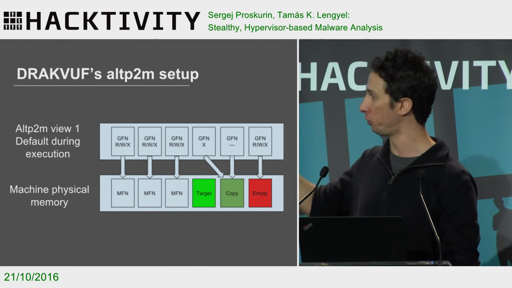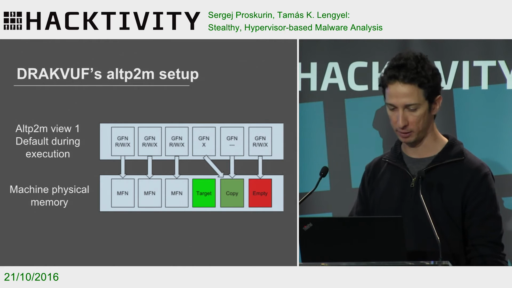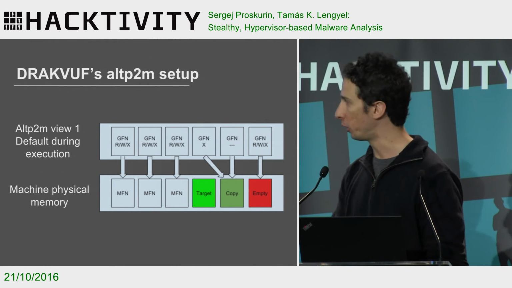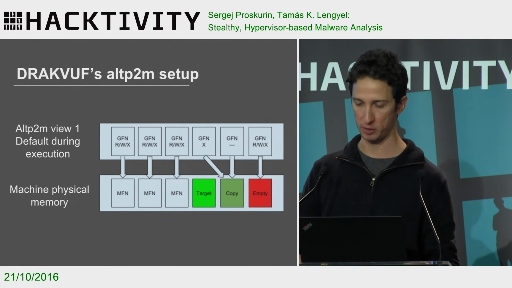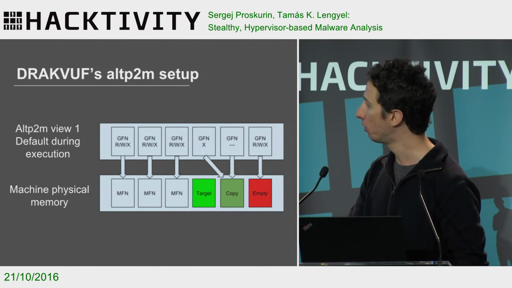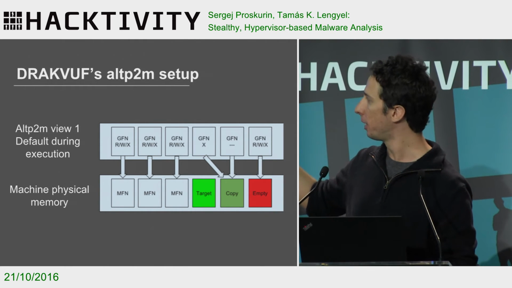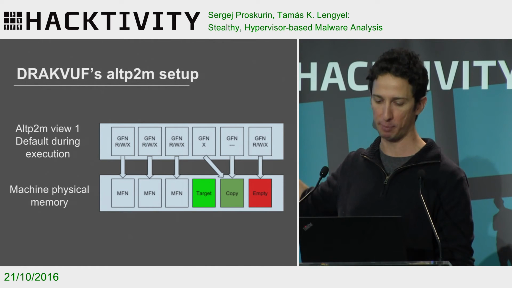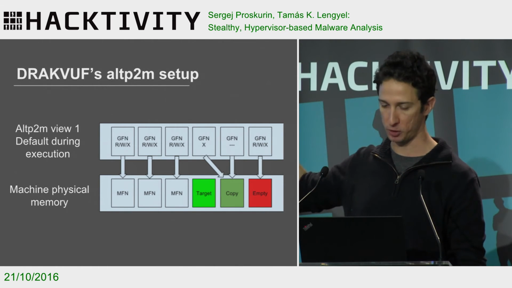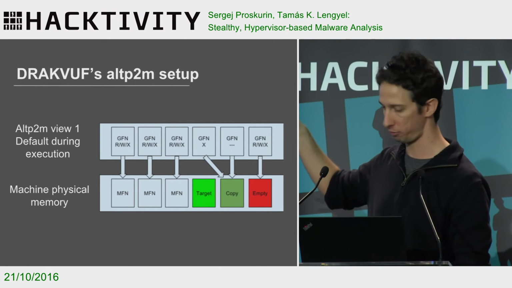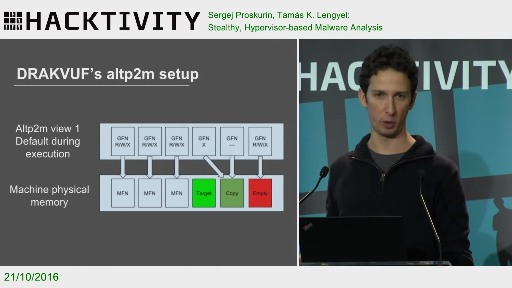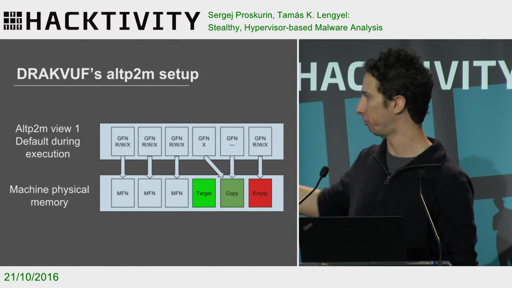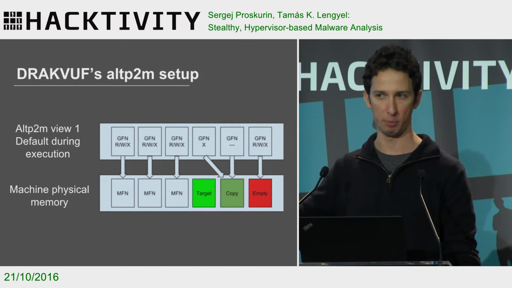And this is actually the view that is used by DrugProof during execution. This is the default view, which is another EPT called view 1, where you can actually see the different permissions and the remapping in effect. What happens is that the target page is now being pointed to the shadow copy, and only the shadow copy has the breakpoints in it. Furthermore, the permissions here are set to execute only, so if code is executing in that guest, it can fetch the code and it will fetch the breakpoints as well.